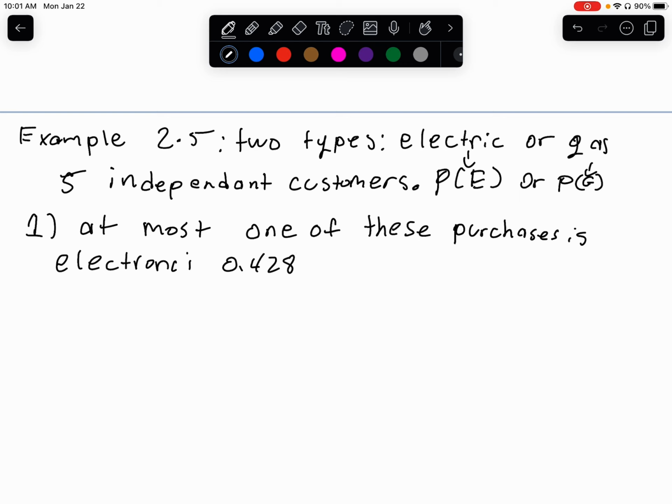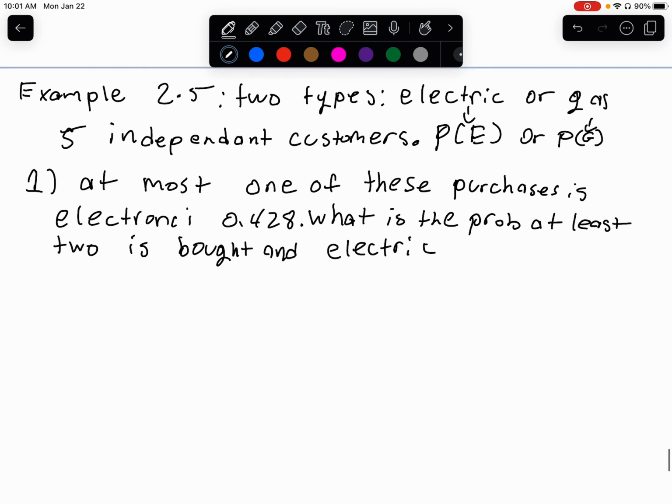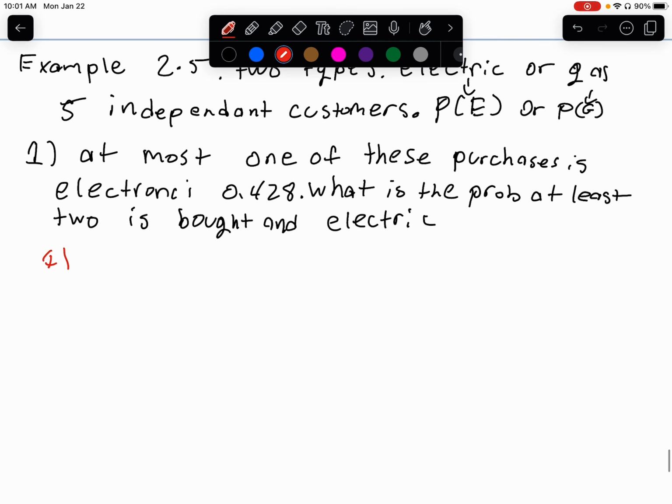The question now is, what is the probability that at least 2 are bought and electric? So we have to find these probabilities now. As we go through it, we're going to categorize this as number 1 because there's another one we have to do too. So let's see what we know first.